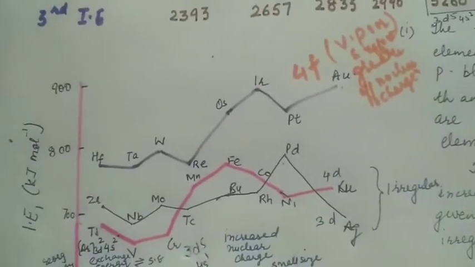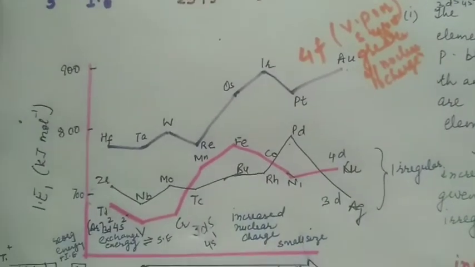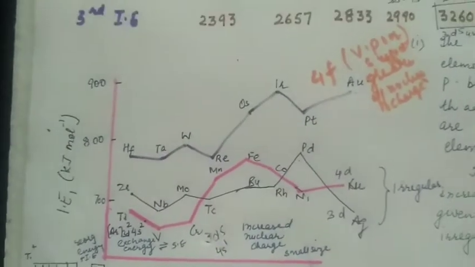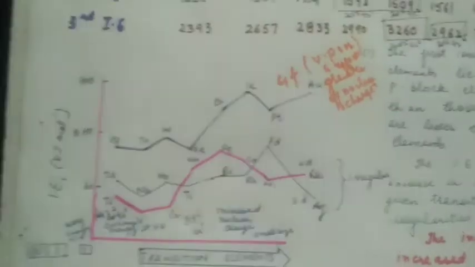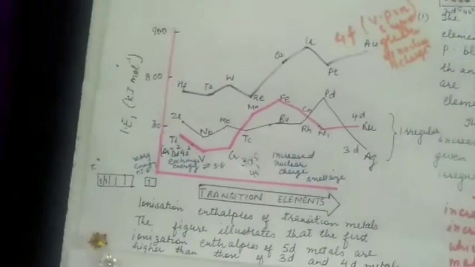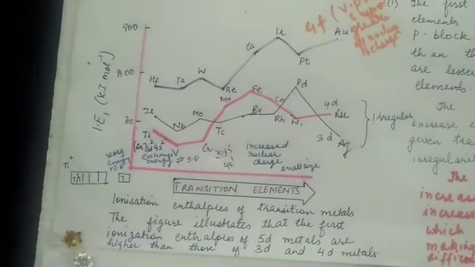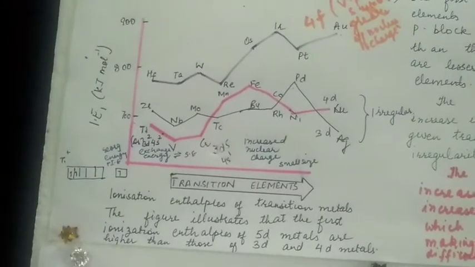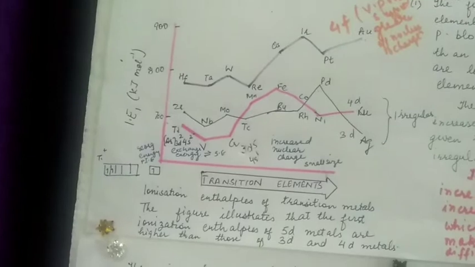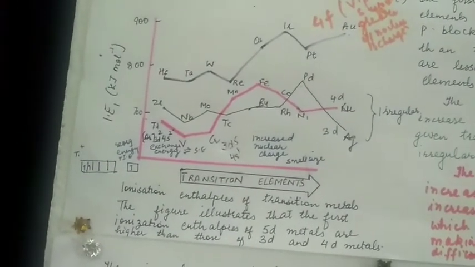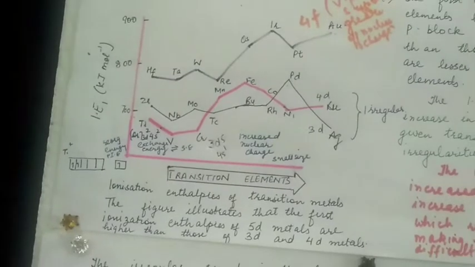You can see that the 5d transition series, hafnium, tantalum, has higher first ionization enthalpy value than the first and second transition series. This is contrary to normal behavior, where the elements placed lower have lower ionization enthalpy values.